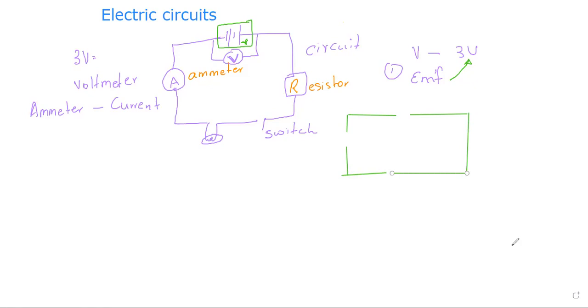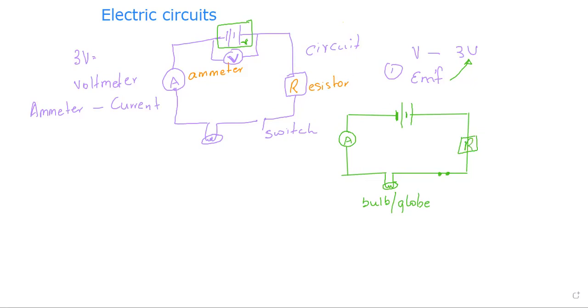You still have your battery there. Still have your emitter there. Your bulb there. You still have a switch there, but this time the switch is closed. And you still have your resistor up there.